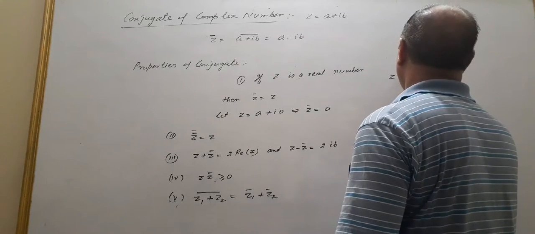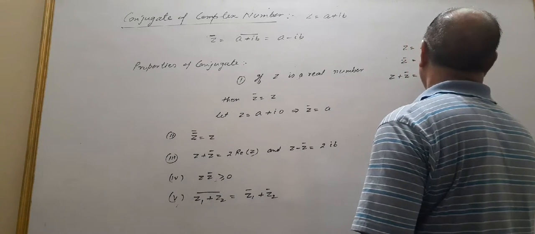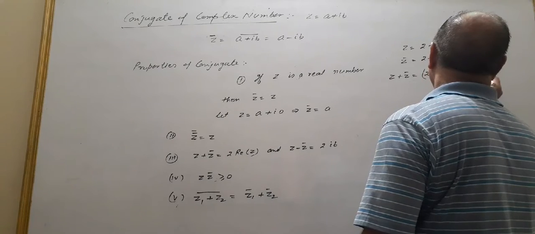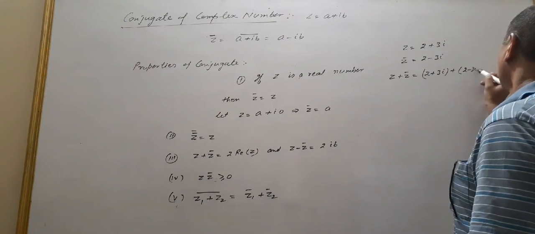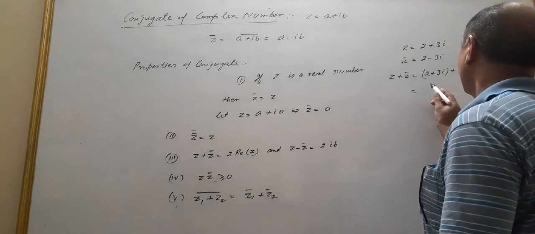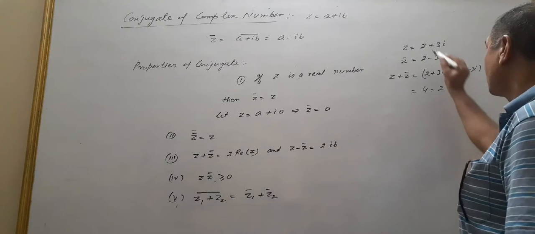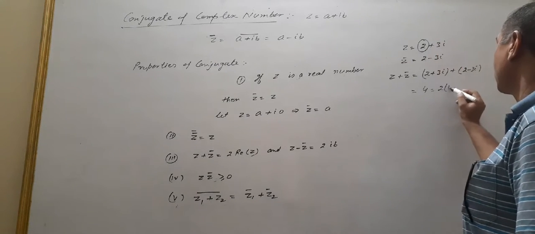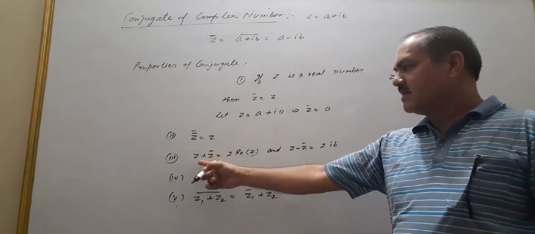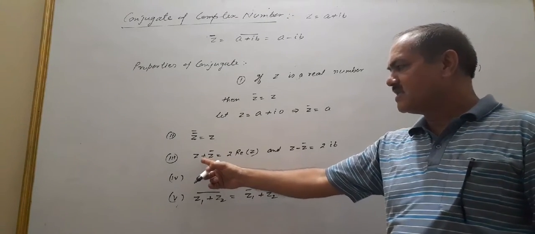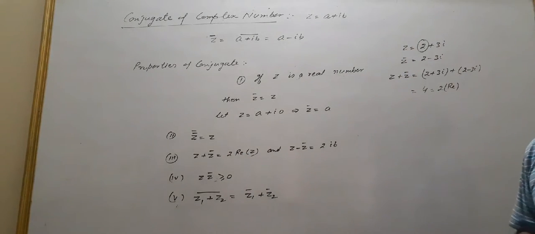Adding z plus z bar, 2 plus 3 iota plus 2 minus 3 iota, gives 4. That is twice the real part of the complex number. So if I add the complex number and its conjugate, the result is always twice the real part.